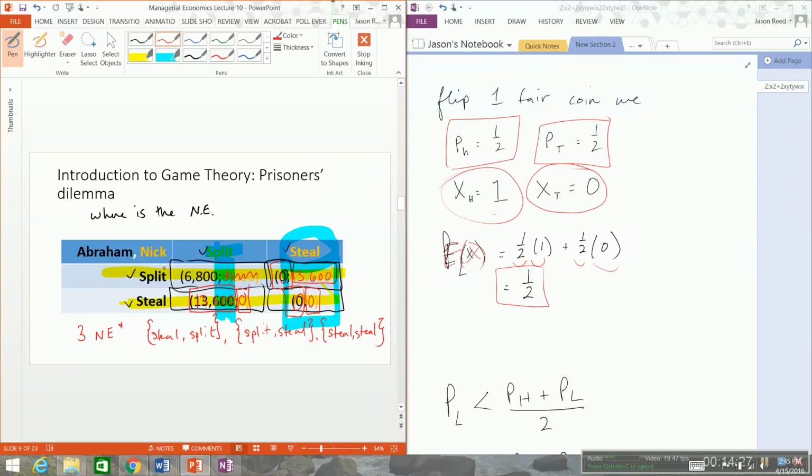Because if Nick believes that Abraham is splitting, Nick would want to steal and get more money, 13,600. And if Abraham believes that Nick is going to split the pot, then Abraham wants to deviate from his choice and take the steal. That's why we believe these can't be Nash equilibrium. They would rather the higher payout.